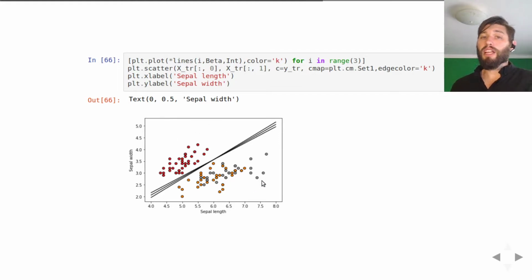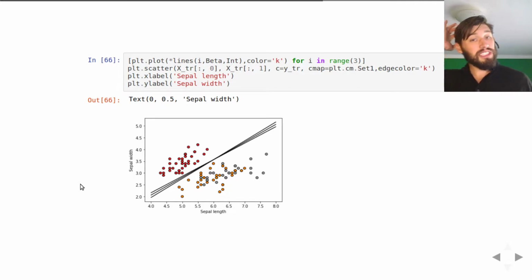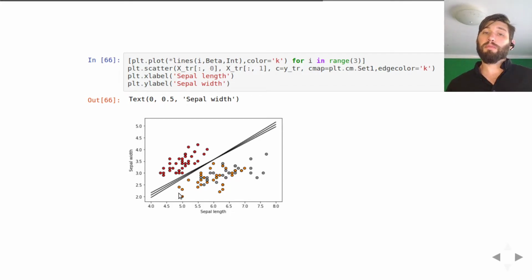So if I apply this method, logistic regression, to the iris data set, I get these 3 different hyperplanes, and they don't look like good separating hyperplanes. And this is where things get actually really interesting, because our prediction mechanism is just going to choose the argmax of the decision functions.